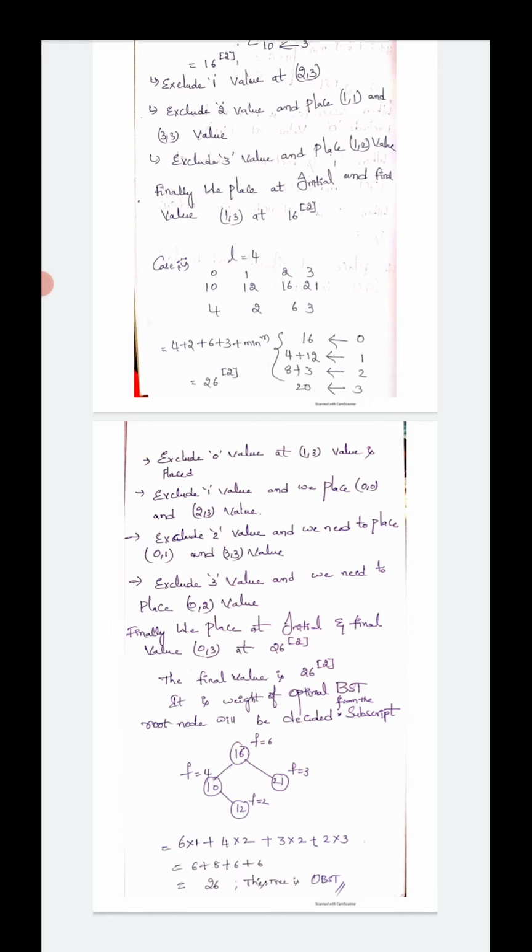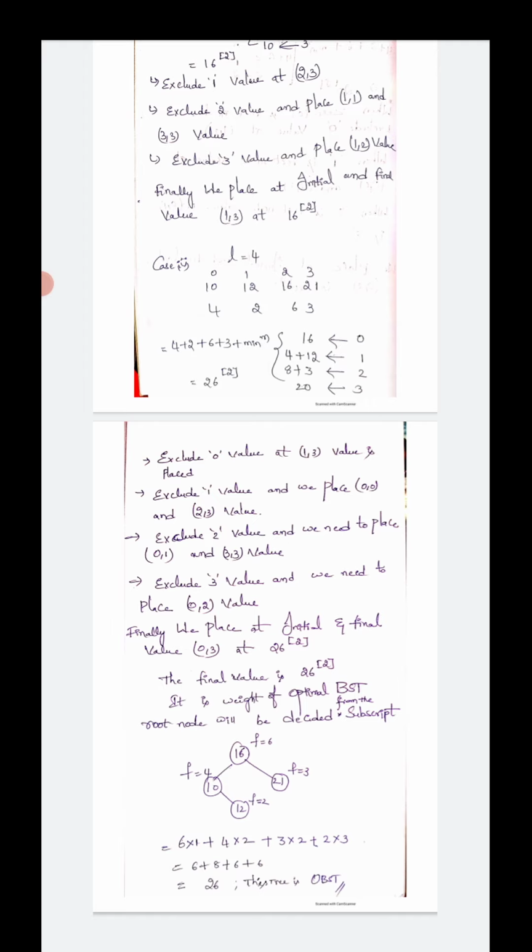Look at this. The frequency of 16 is 6, multiplied with level 1, plus. Coming to 10, the node has frequency 4, multiplied with level 2, plus. Coming to 21, the node has frequency 3, multiplied with level 2, plus.